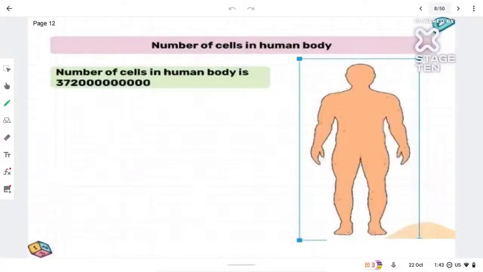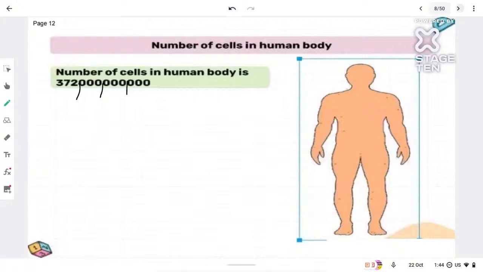Okay. Another example, number of cells in the human body. In our human body we have so many cells, isn't it? Approximately 372 billion cells are there in our body.